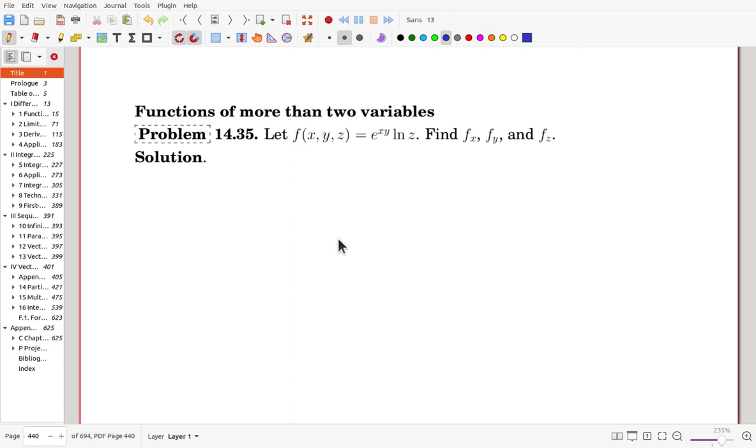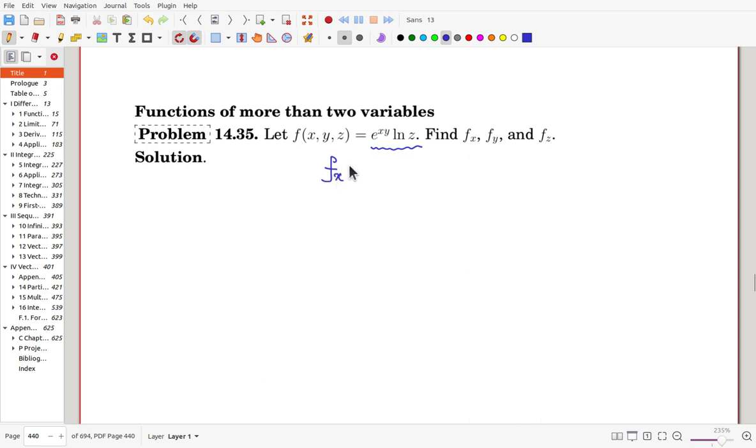Now, these partial derivatives can be easily defined for functions of more than 2 variables: 3 variables, 4 variables, arbitrarily many variables. We can define partial derivatives. For functions of 3 variables, consider this function of x, y, z, and let's try to find f sub x, f sub y, and f sub z. Okay, f sub x.